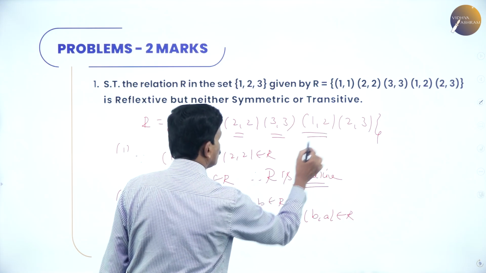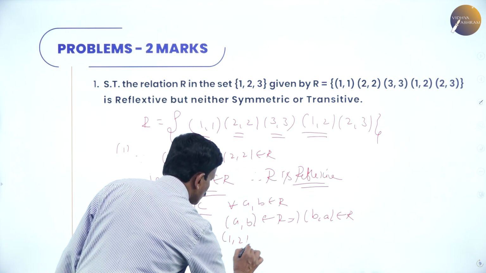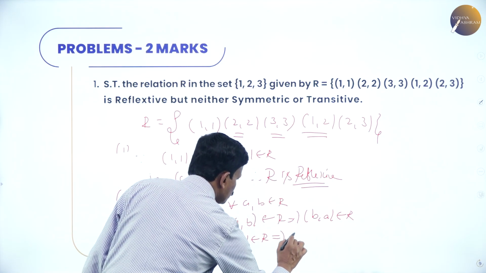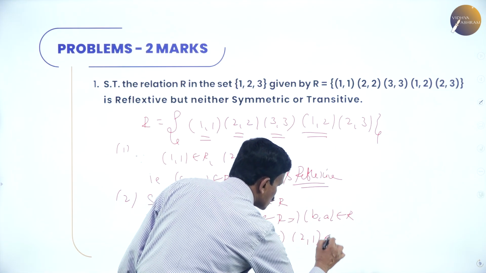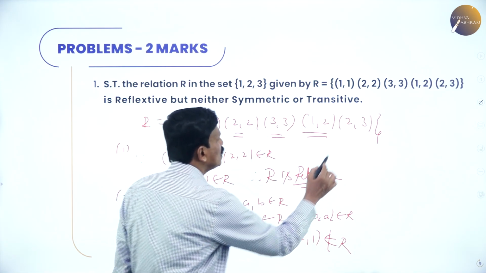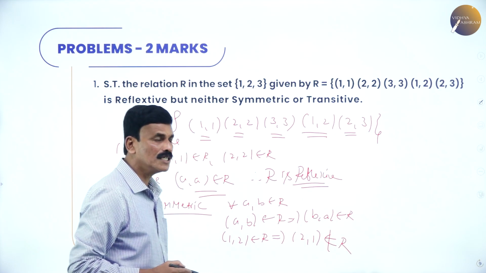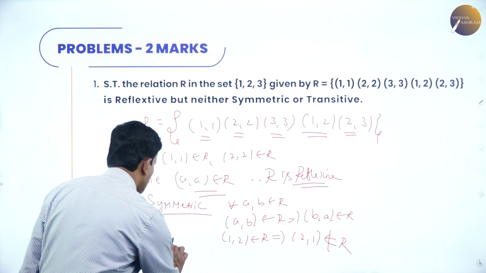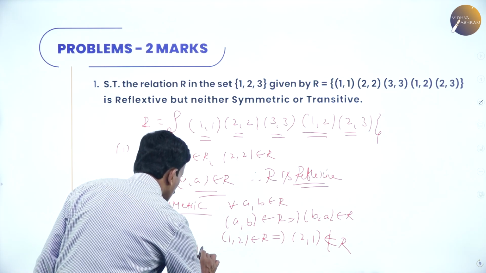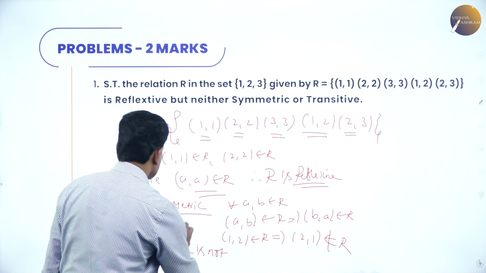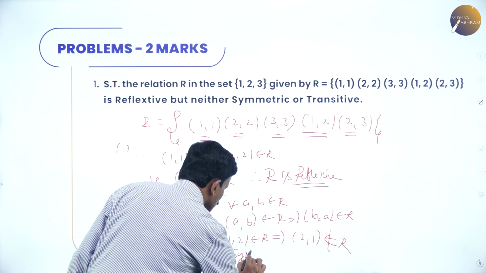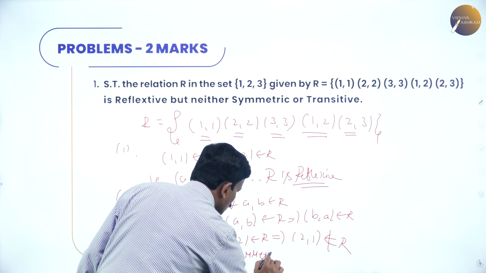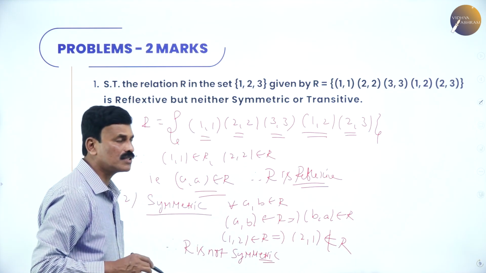So here (1,2) belongs to R, but (2,1) does not belong to R. Similarly, (2,3) belongs to R, but (3,2) does not belong to R. So therefore R is not symmetric.